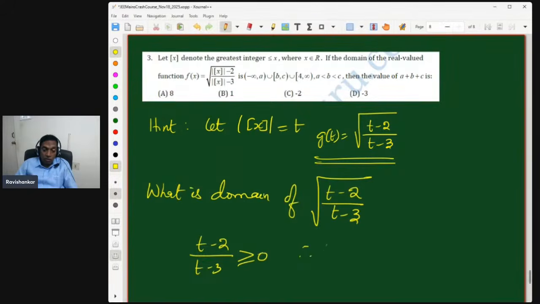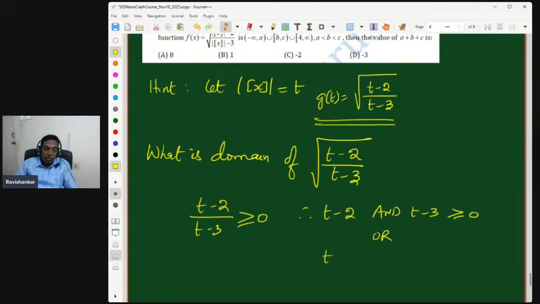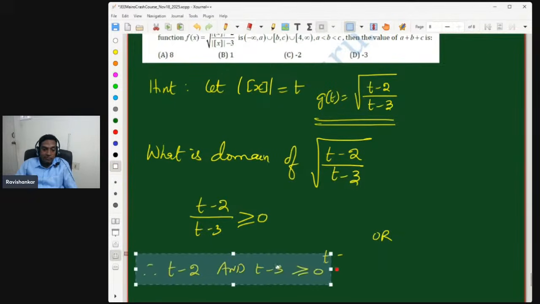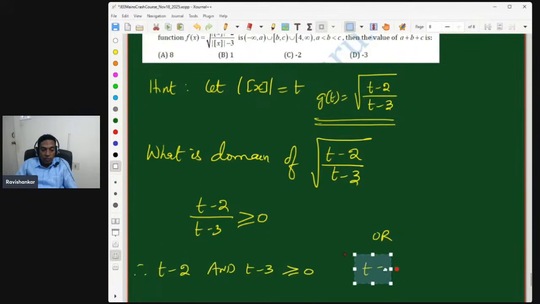So therefore, t minus 2 and t minus 3 both greater than or equal to 0, or t minus 2 less than 0, t minus 3 less than or equal to 0.